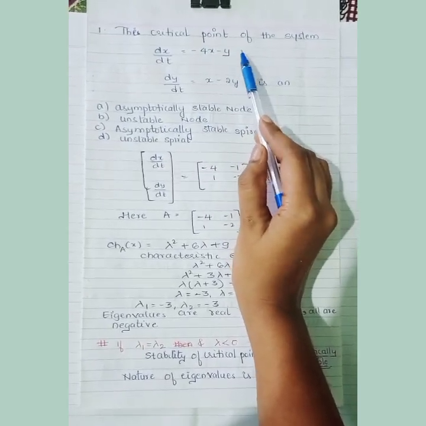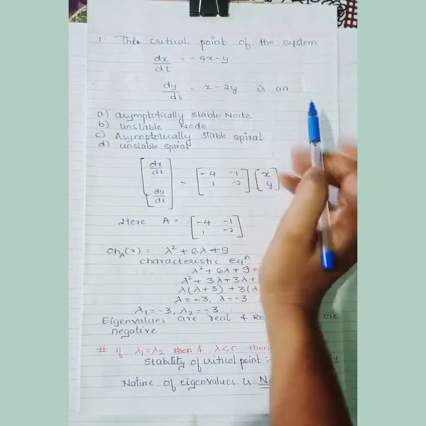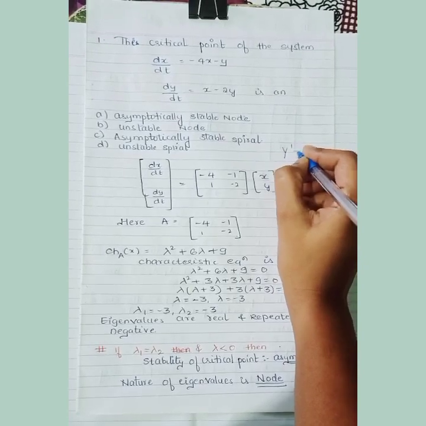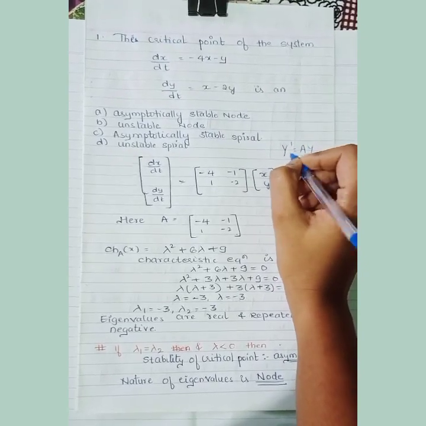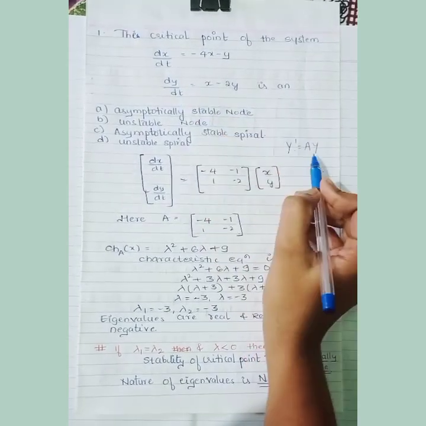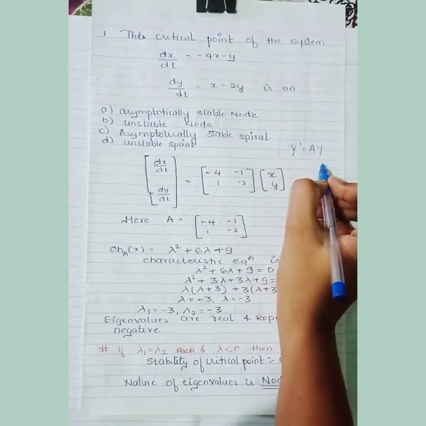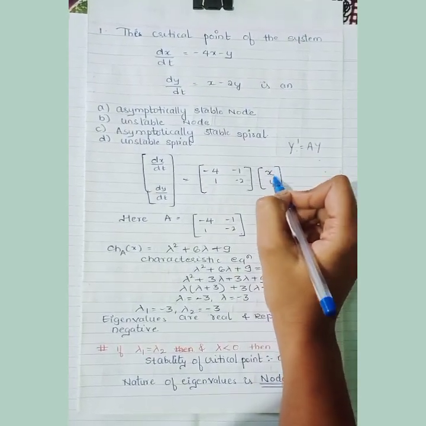To find out the critical point, I have to write this system of linear differential equations in the form of Y' = AY. So Y' will be your dx/dt and dy/dt, A will be the matrix of the coefficients of x and y, and Y will be your variables, that is x and y.